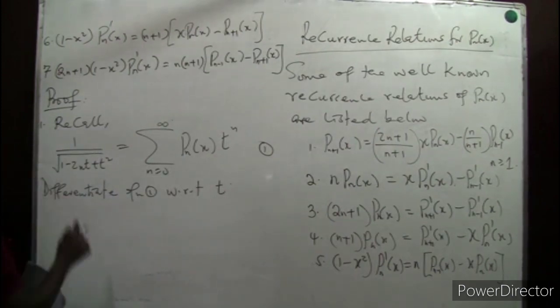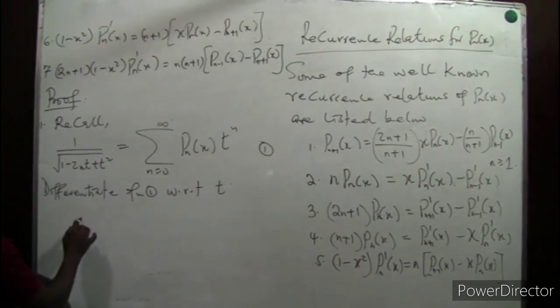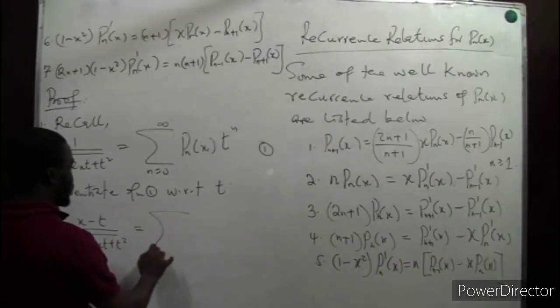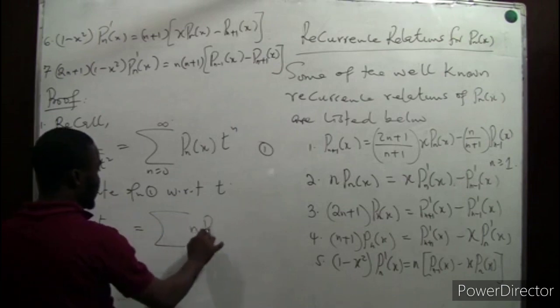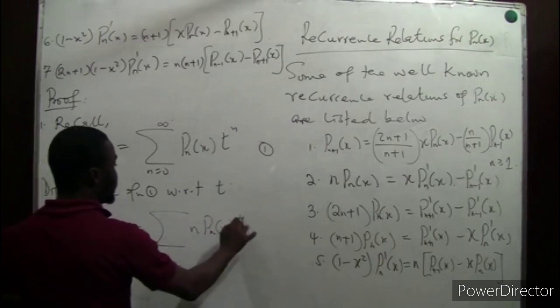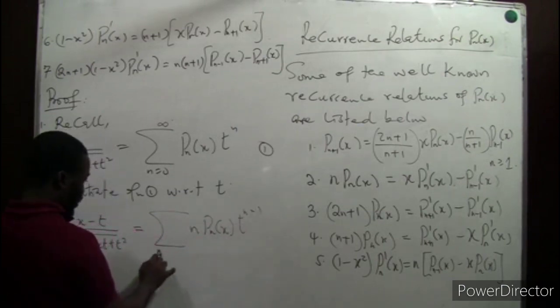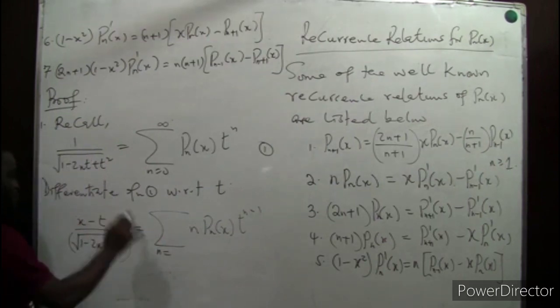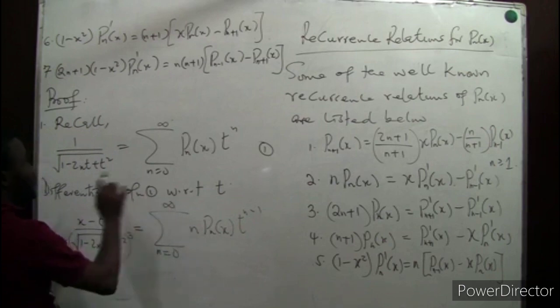If we do that, of course, we are going to generate (x minus t) at the numerator divided by the square root of 1 minus 2xt plus t squared, raised to power 3, equals the summation of n Pn of x t raised to power n minus 1, from 0 to infinity. Let me quickly show that.